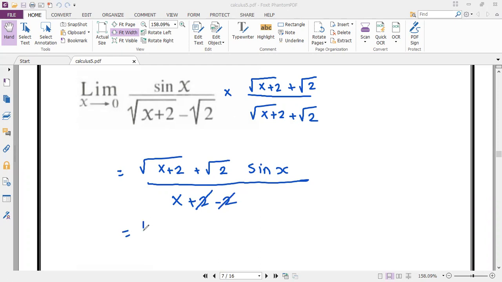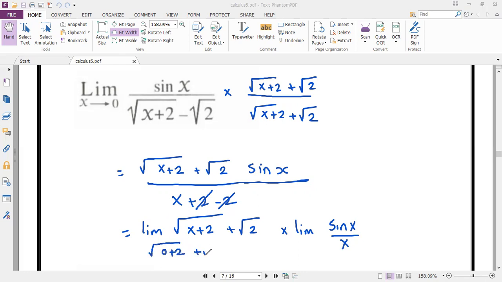We end up with the limit of the square root of x plus 2 plus the square root of 2 multiplied by the limit of sine x over x. When x approaches 0, that is going to be the square root of 0 plus 2 plus the square root of 2, and here when x approaches 0, that is going to be 1.